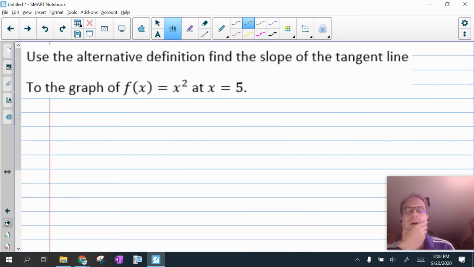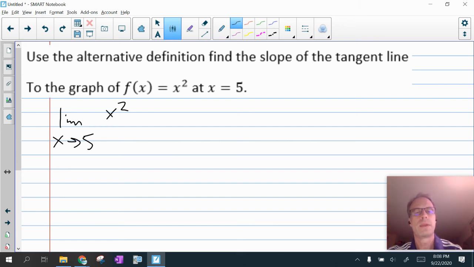So how do you go about doing this? Well, what we're going to say is, once again, we're looking at the limit as x approaches 5. And I'm going to say, all right, remember it was f of x, which in this case is x squared, minus the value, or f of 5, so that's going to just be 25 there.